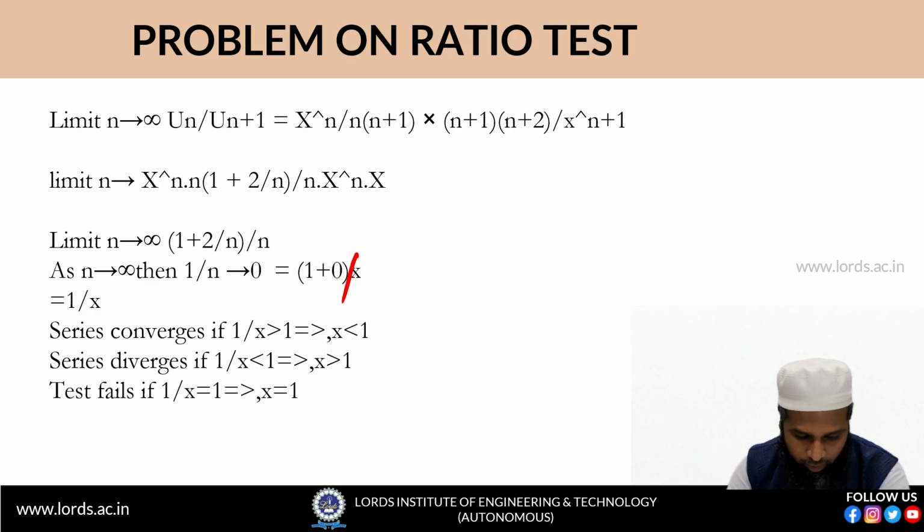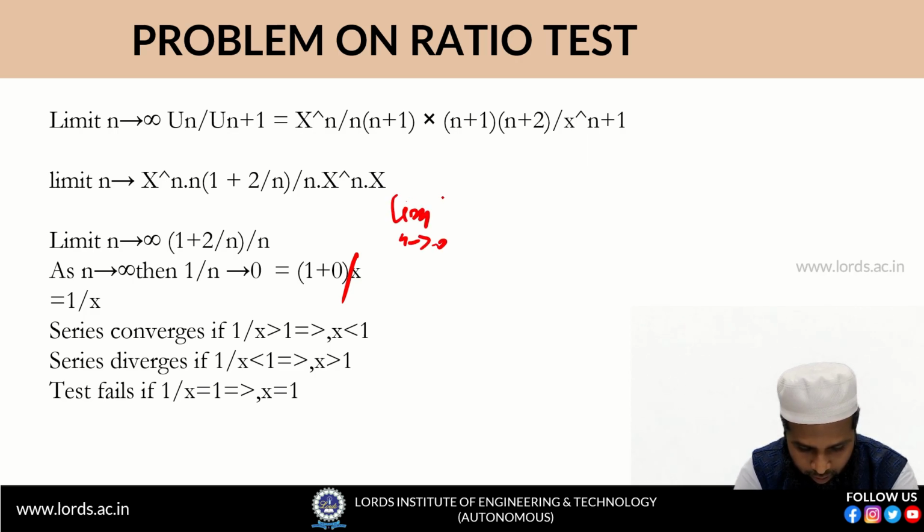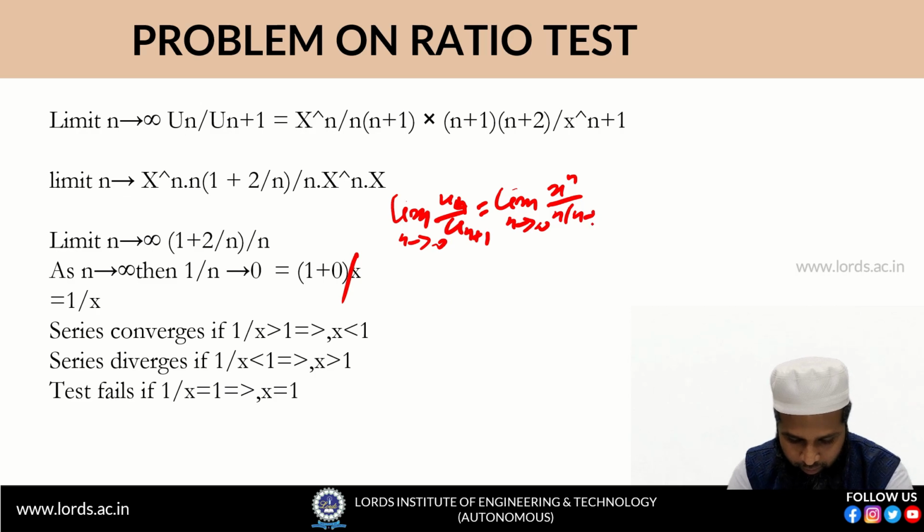And how are we getting this? You can easily understand it. This is the limit as n tends to infinity of u_n by u_{n+1}. u_n is x^n divided by n(n+1).